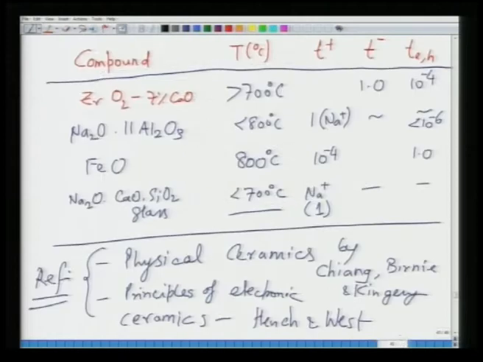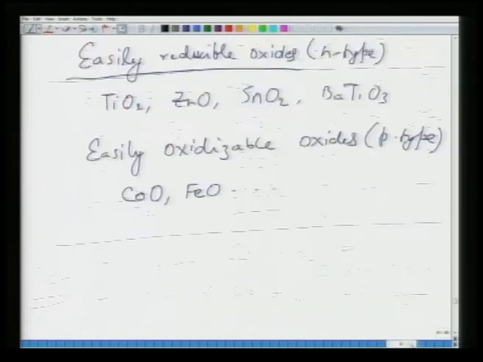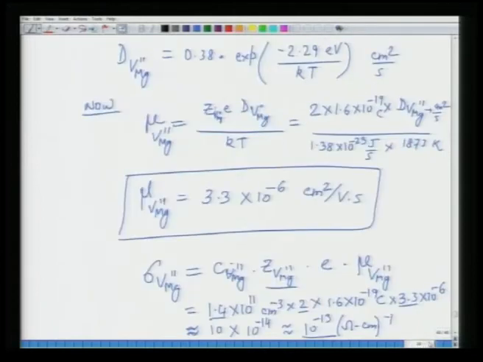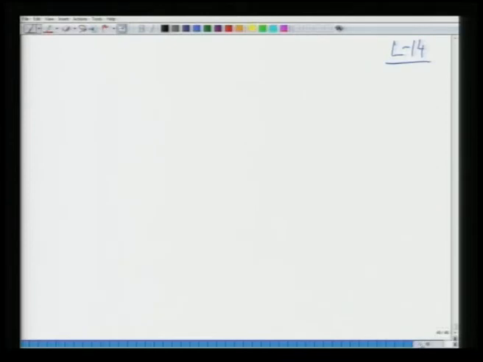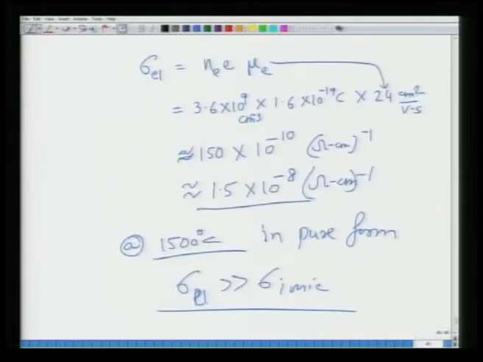And then we looked at certain material systems, and chose the example of magnesium oxide. What we found in this example was that in the pure form at 1500 degrees centigrade, sigma electronic is much larger than sigma ionic.